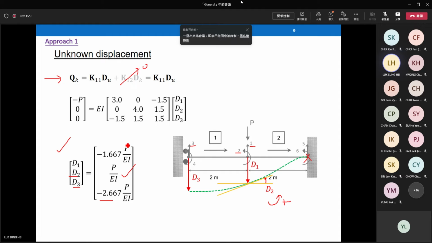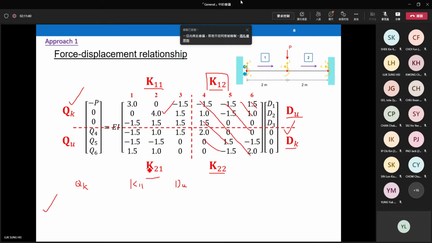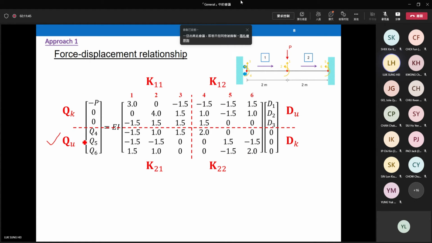And then what next? Next, we would like to know the reactions. To find out reactions, you go back to the matrix equation using the bottom part here. Using the bottom part to find out QU. It involves only matrix multiplication.